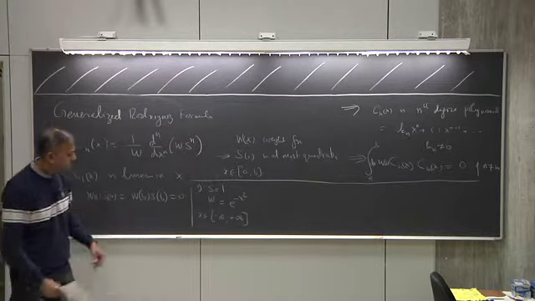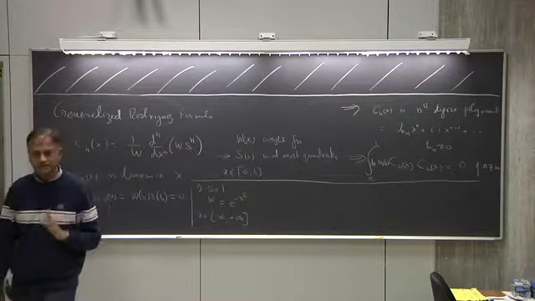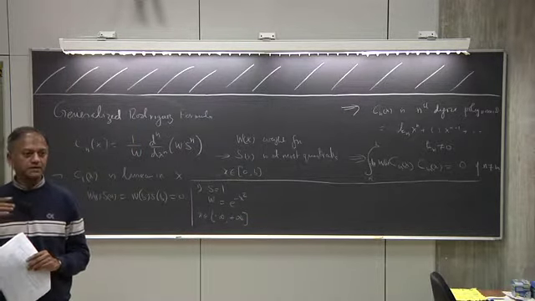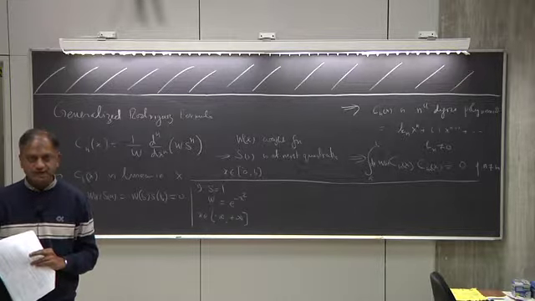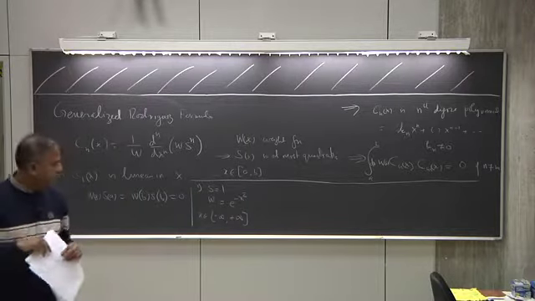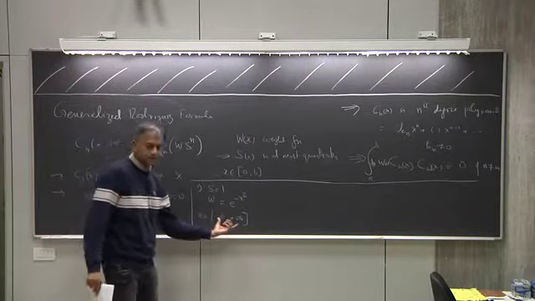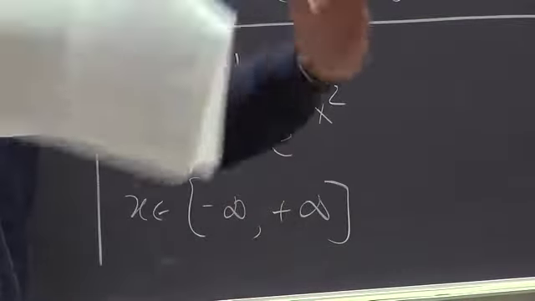Okay, so notice that here I have extended the Weierstrass theorem, which basically said that any function can be arbitrarily well approximated by polynomials, right? That was for a finite interval. Now here we have extended the interval to infinity, but that is so because the weight function is a Gaussian.